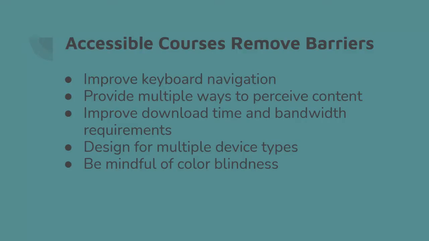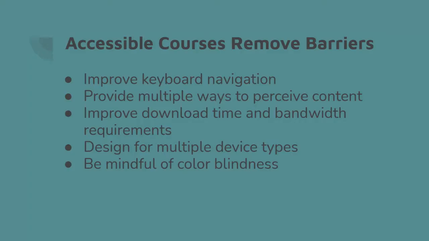We need to design our courses for multiple device types, so that the student in the early college using the Chromebook can access our course just as easily as the student that has a brand new PC or Mac. And we need to be worried about other types of challenges like color blindness, right?